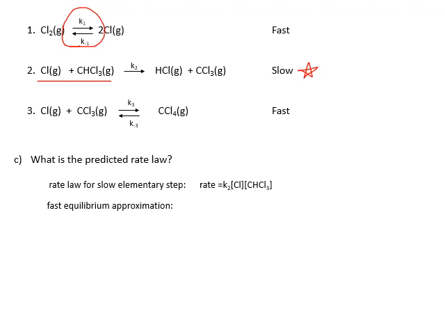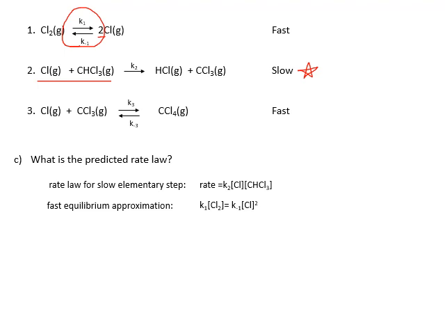So using the fast equilibrium approximation, we'll set the forward rate of that step, K1 times [Cl2], to be equal to the reverse rate, K minus 1 times [Cl] squared. The square is coming from the coefficient 2 in front of the Cl.